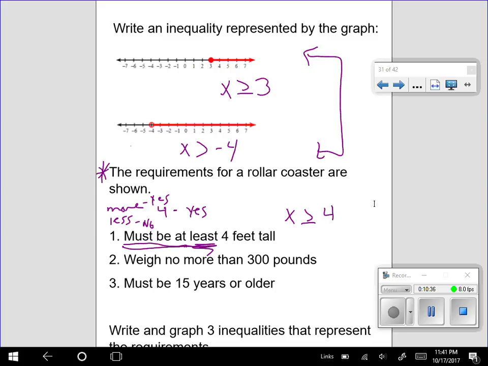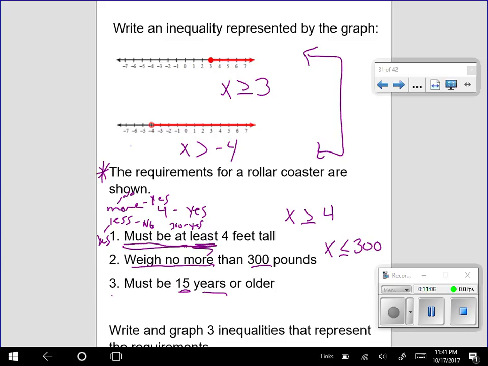And then I want you to go ahead and graph that. It says now weigh no more than 300 pounds. So could I be more? No, it says no more. Could I be less? Yes. Could I be 300? Yes. So no more than 300 pounds, so I need to be less than or equal to 300 pounds. So go ahead and graph that. And we must be 15 years or older.